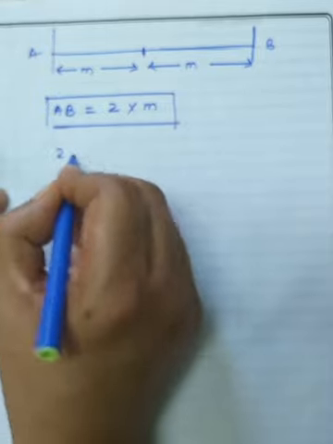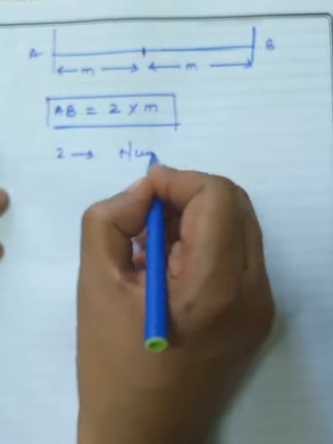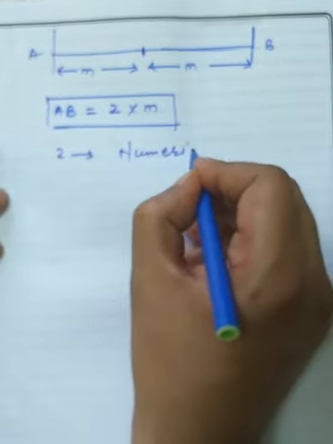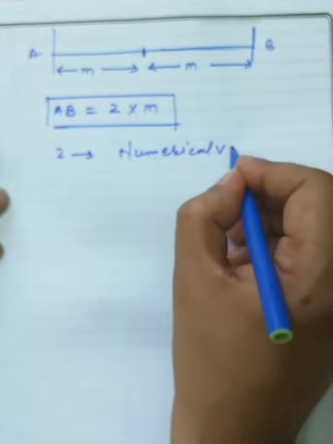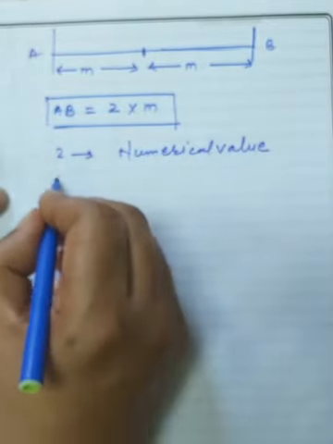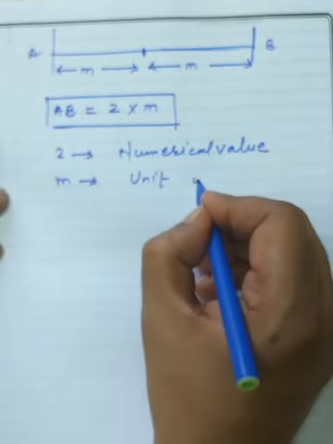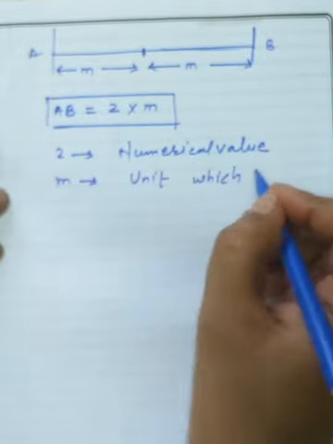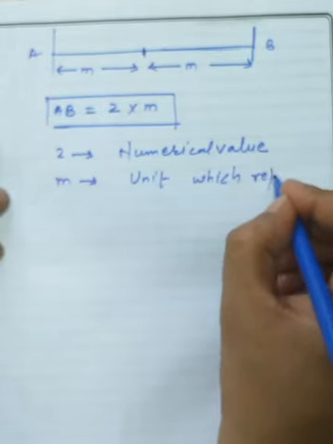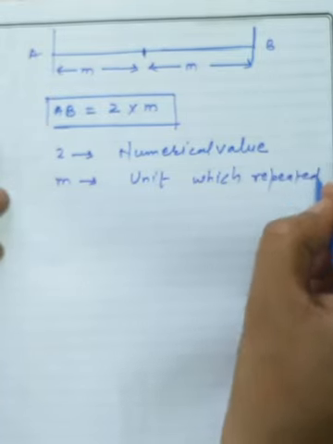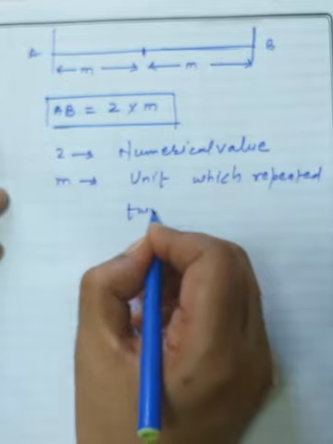So what actually is the 2 here? 2 is the numerical value and meter is called the unit, which is repeated 2 times.